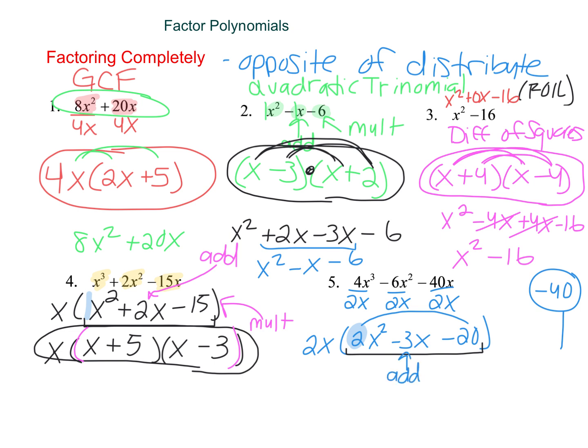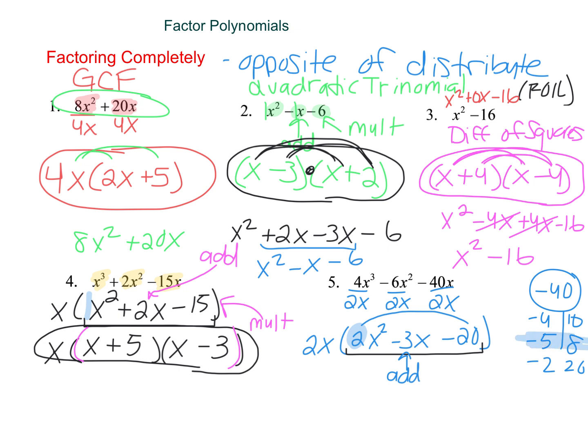So numbers that multiply to -40 could be -4, +10, -5, +8, -2, +20. And if I look at this list, I'm looking for numbers that are going to add to -3. These two give me a close answer, but the sign is backwards.